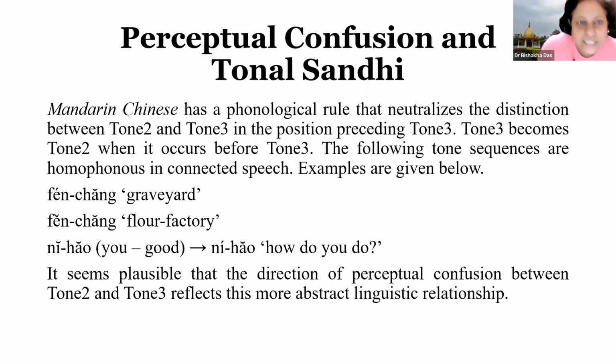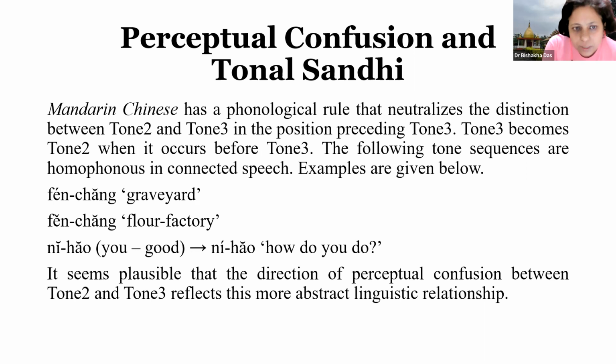As for instance, let's come to the example. The first one is Fen Chang. Fen is a high rising pitch, and chang is a low dipping pitch, falling and rising. So fen chang, absolutely no problem, because tone 2 and tone 3 are possible. So fen chang means graveyard.